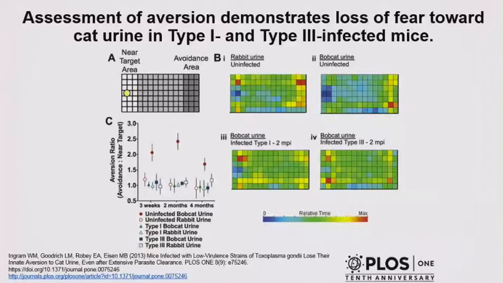And it was found that when there was bobcat urine and the mice were uninfected, they stayed as far away as they could from that urine for most of the time. But when they were infected with Toxoplasma, they tended to actually get nearer to the urine, same bobcat urine here. So this led to these behavioral ideas that mice lose their fear of cats as the surrogate bobcat urine when they're infected with toxo.